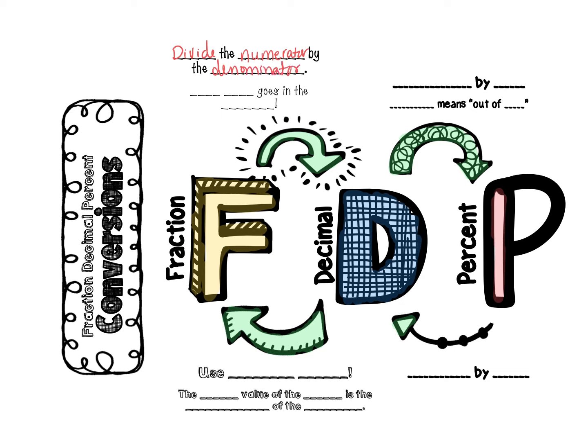I like to say top dog goes in the house, meaning the number on top goes inside the house. So for example, if I have 5/8, that would be 5 divided by 8. And I would put a decimal and a 0, because we obviously know that this is less than 1 whole. So I know my answer is going to be less than 1 whole, so I put my 0. 8 goes into 50 6 times, which is 48.